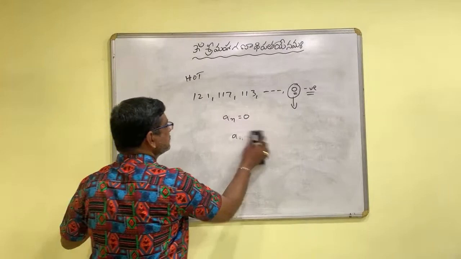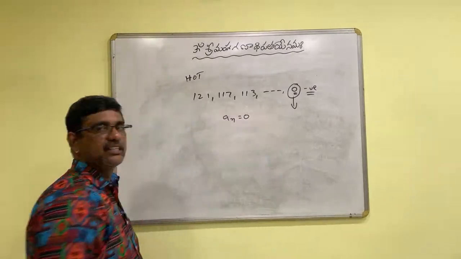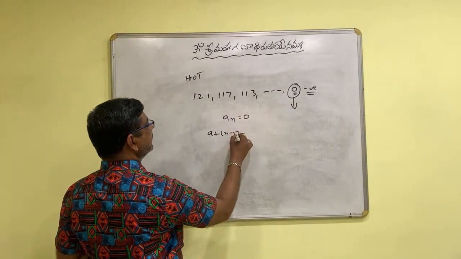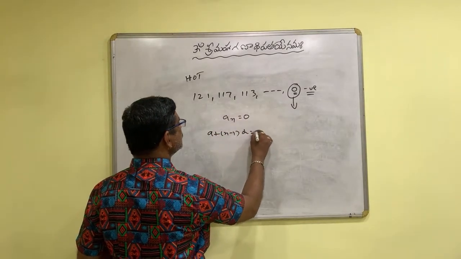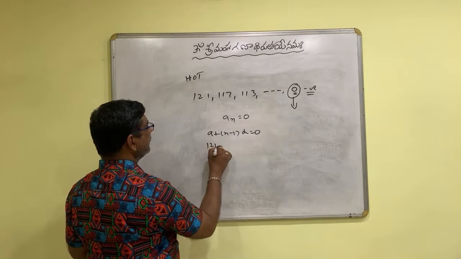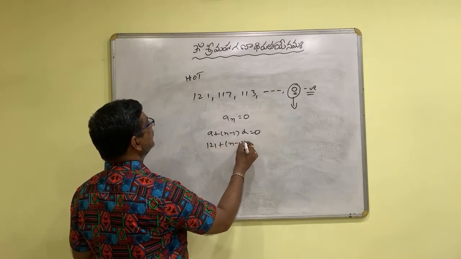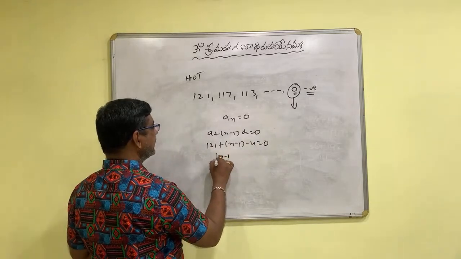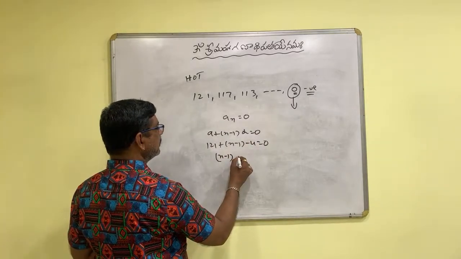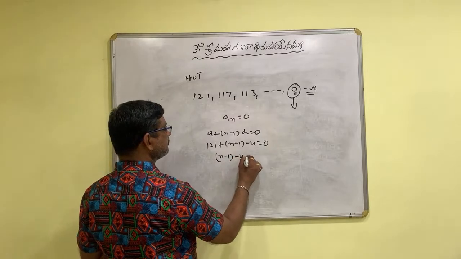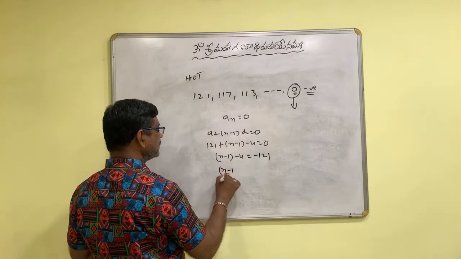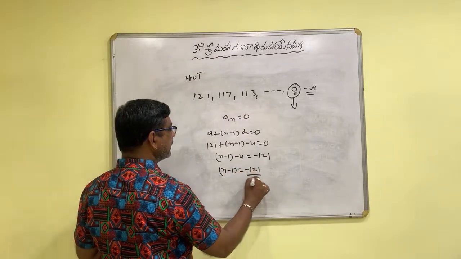Okay, let me explain that. I am taking a_n equal to 0. So a plus (n minus 1) times d is equal to 0. 121 plus (n minus 1) times negative 4 is 0. So (n minus 1) times negative 4 is equal to negative 121. So n minus 1 is equal to negative 121 by negative 4.